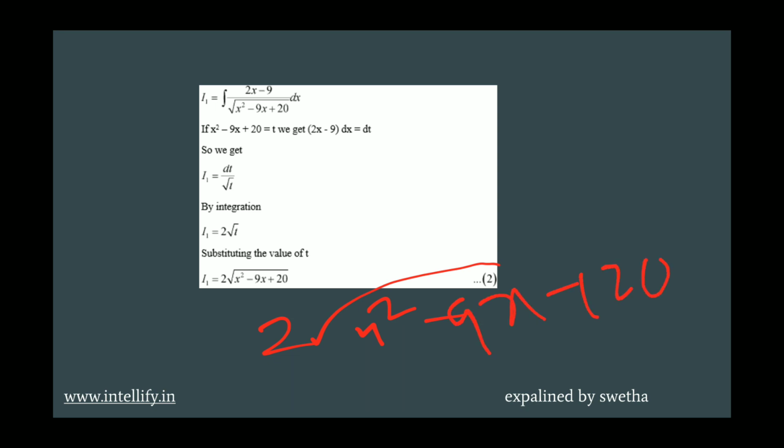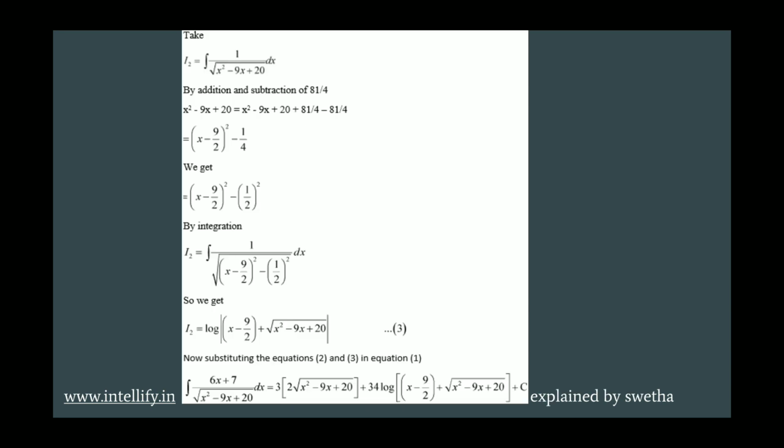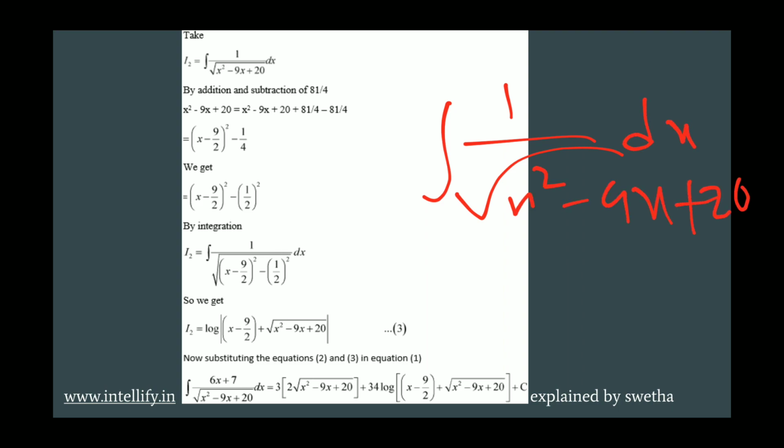Now we have to solve the second term, which is I2, equal to the integral of 1 by root over x square minus 9x plus 20 into dx. To solve this, let us take x square minus 9x plus 20 and just add and subtract 81 divided by 4.